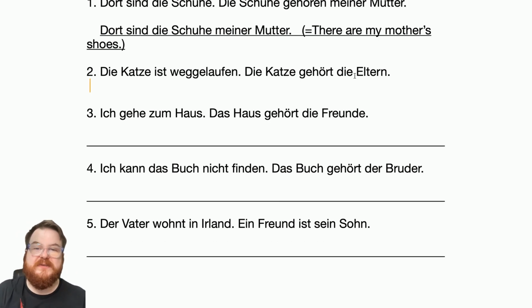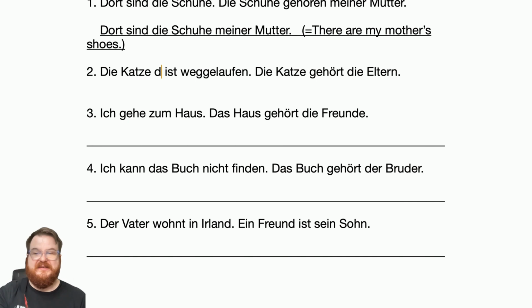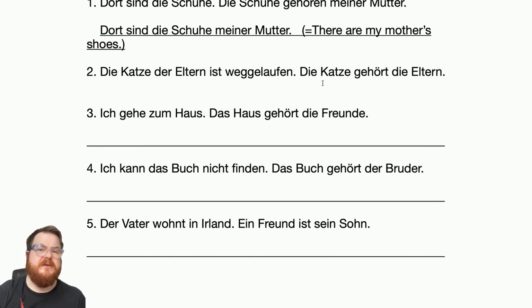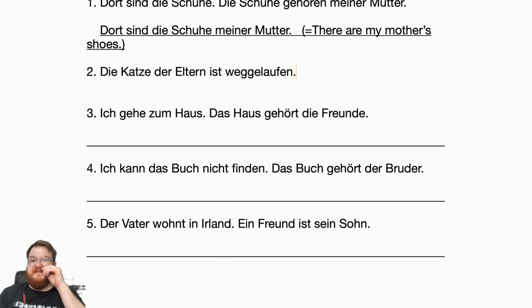Die Katze gehört die Eltern. Die Katze, and we're going to put in our genitive here. Eltern is plural. Die Katze der Eltern. Feminine and plural don't take a noun ending. And that's it. Die Katze der Eltern ist weggelaufen. The parents' cat ran away. The cat of the parents ran away.